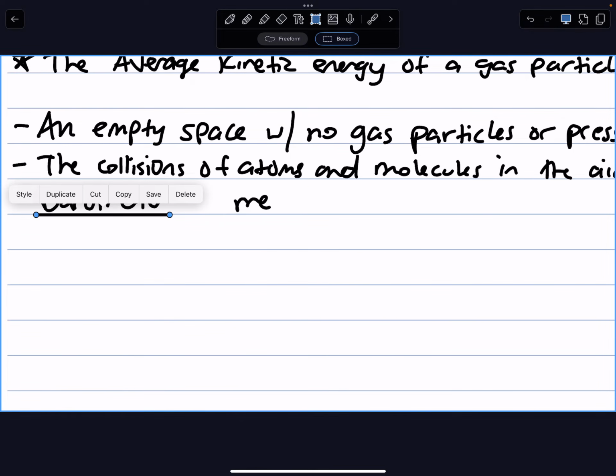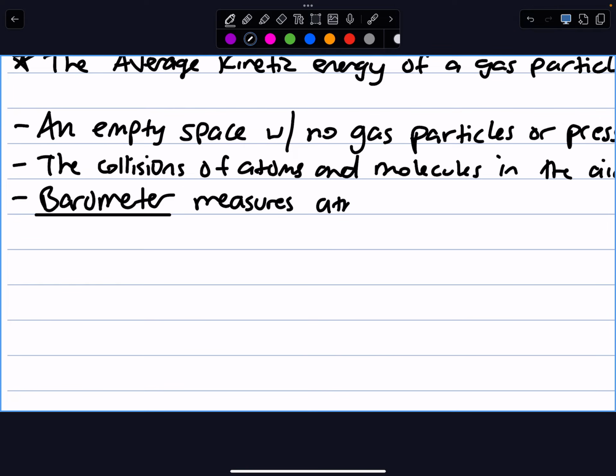Atmospheric pressure. Nice. Because you need the air to weigh down on the mercury, a very dense liquid metal. So I'll say: barometer measures atmospheric pressure.